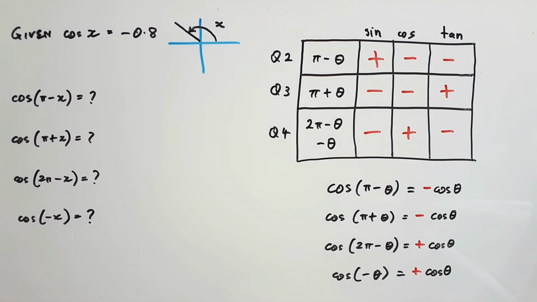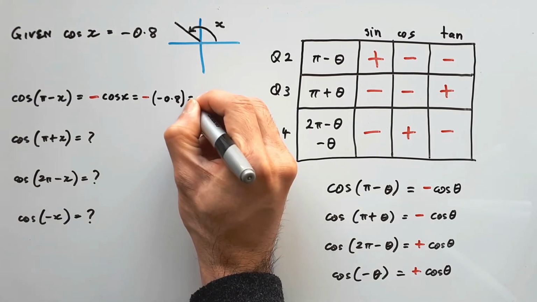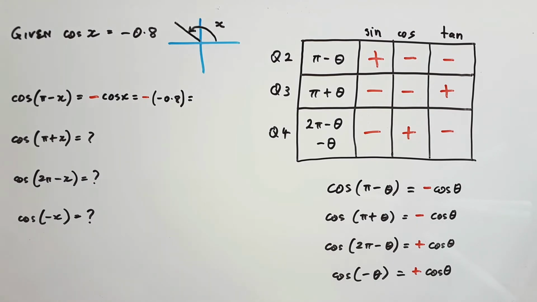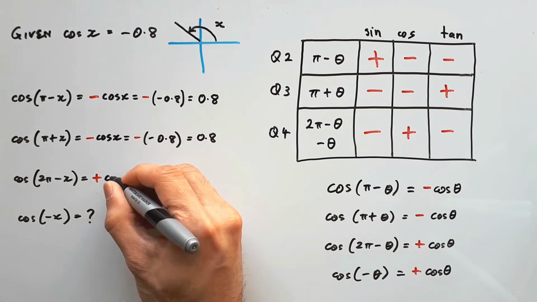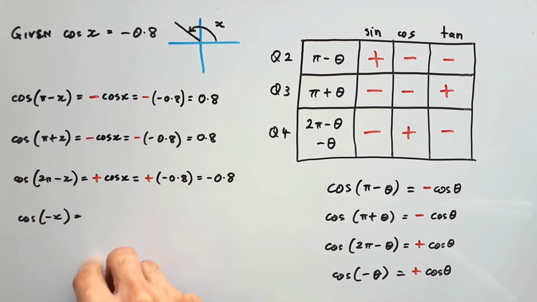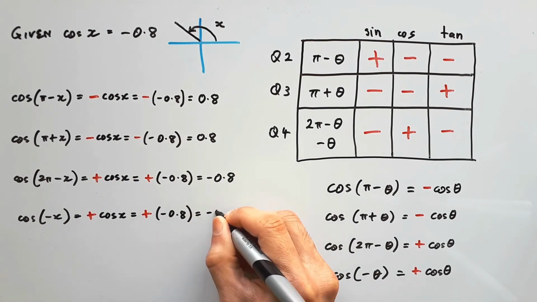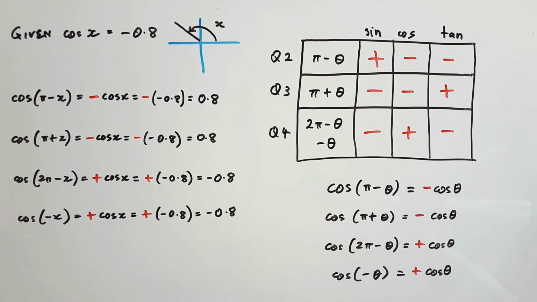Following the equation rules, cos pi minus x should be negative of cos x, right? So using some basic arithmetic and algebra, we can see how the negative of negative 0.8 turns into positive 0.8. Applying the same principles to the others will yield similar results, but I don't enjoy doing it this way because there's too much maths involved when it should be straightforward.